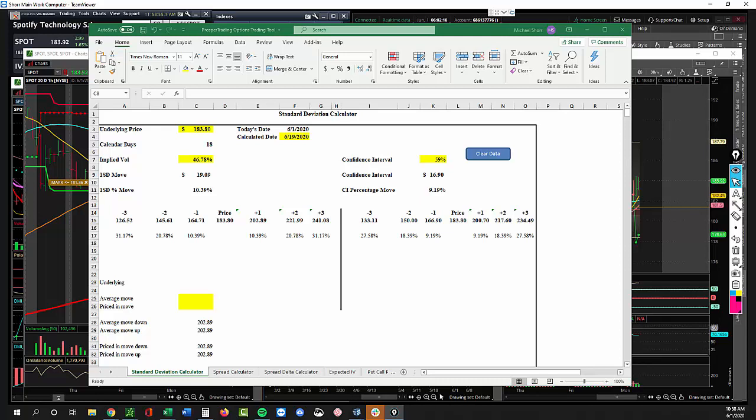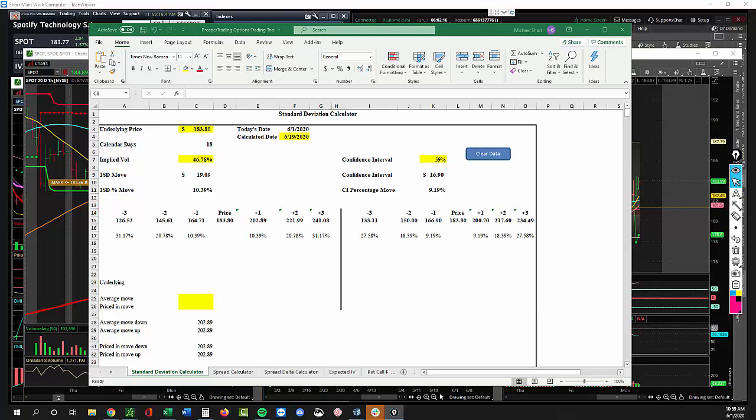I mean, the 210, 220 call spread, if we buy the 210s, we sell the 220s. That almost seems too, excuse me, we're targeting the 200 strike, not the 210 strike.